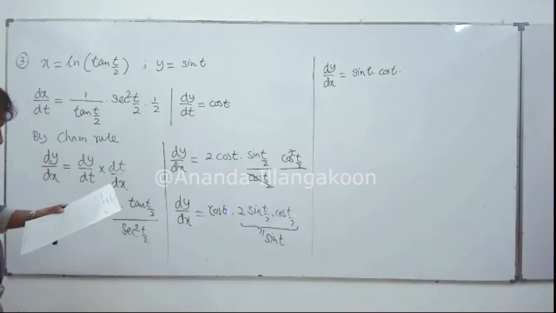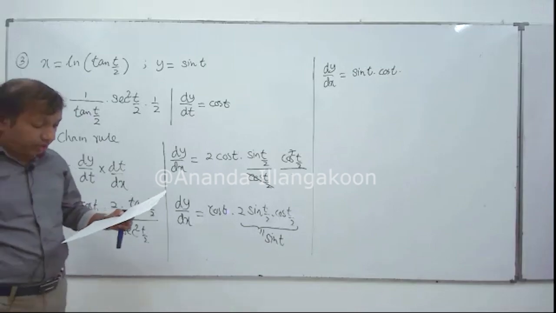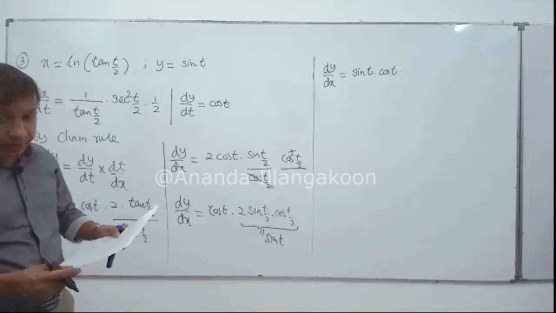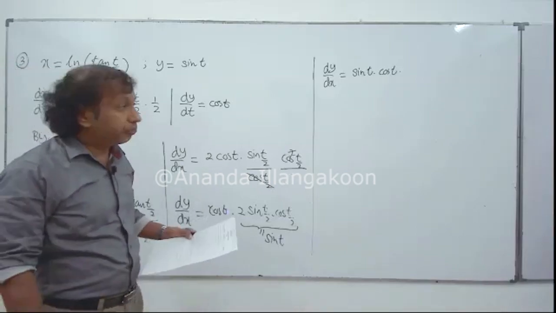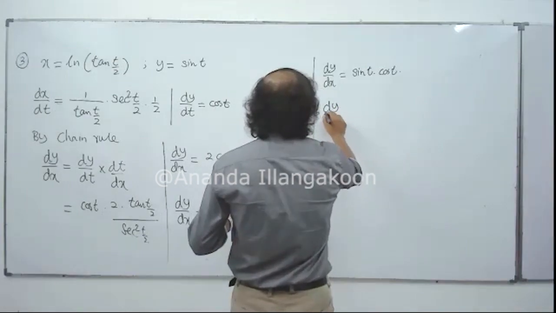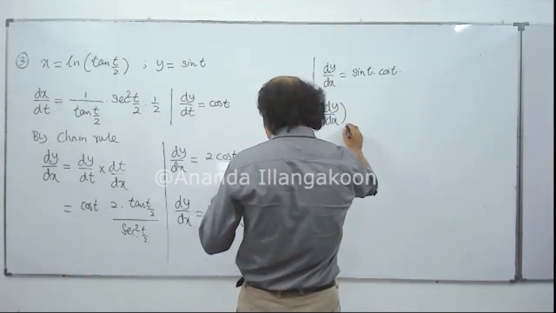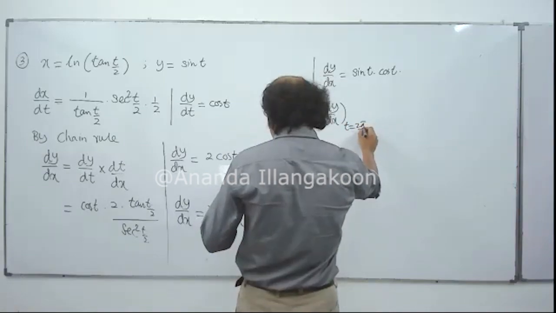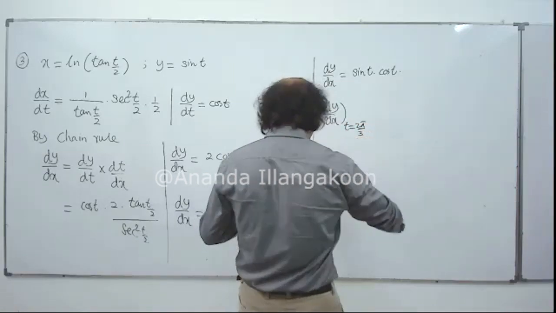But deduce that the gradient of the tangent line drawn to the curve C at the point corresponding to t equals 2 pi by 3 is this much. Gradient means dy/dx value, no? dy/dx value where? At the angle t equals 2 pi by 3.